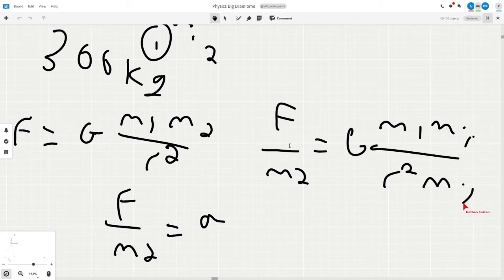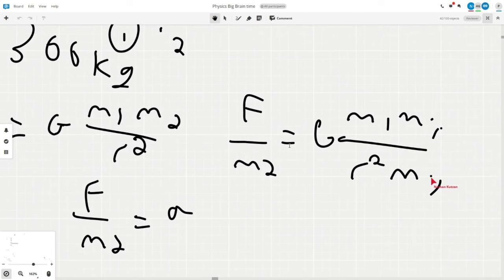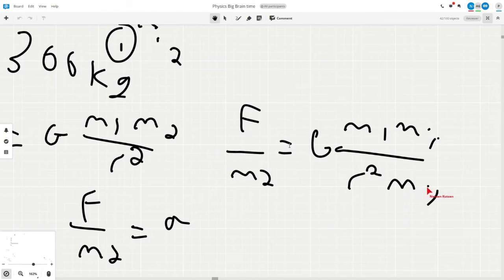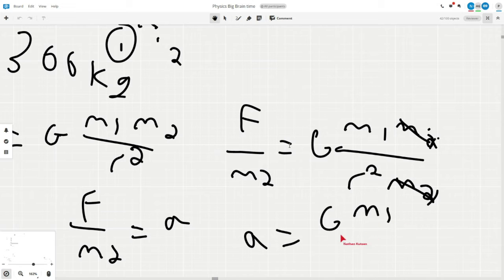So all I did here was divide both sides by the mass of the person. Now, these two cancel out. And so what you're left with is gravitational acceleration is equal to the constant times the mass of the planet over r squared.